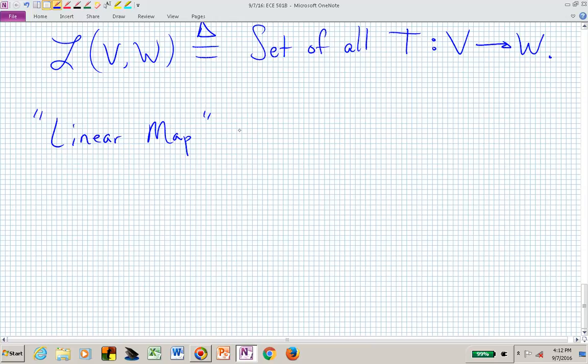Linear map is an extremely broad category.